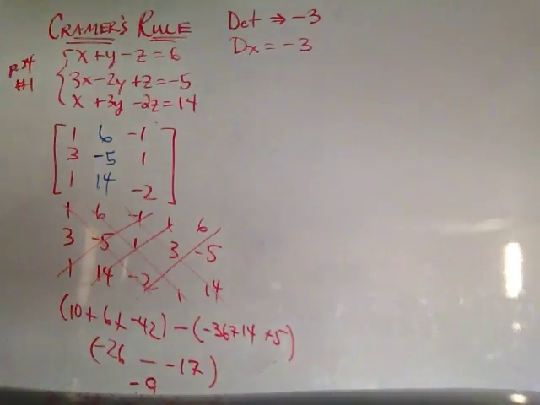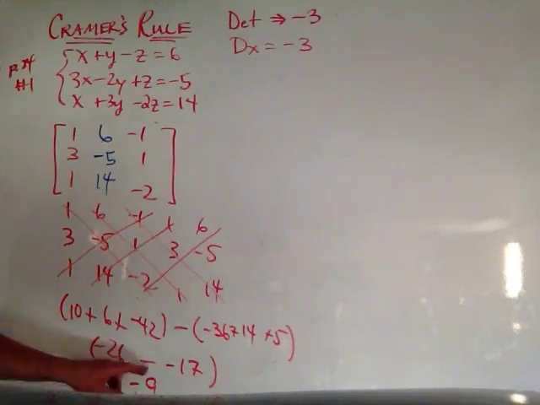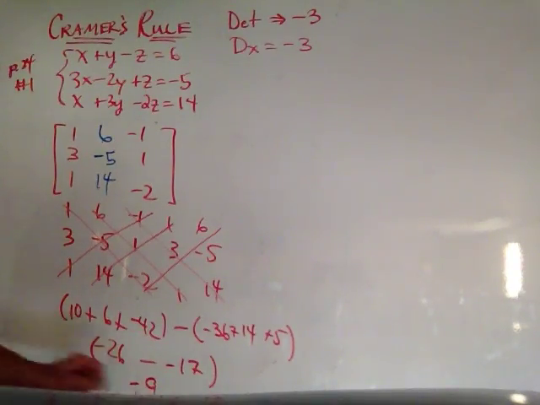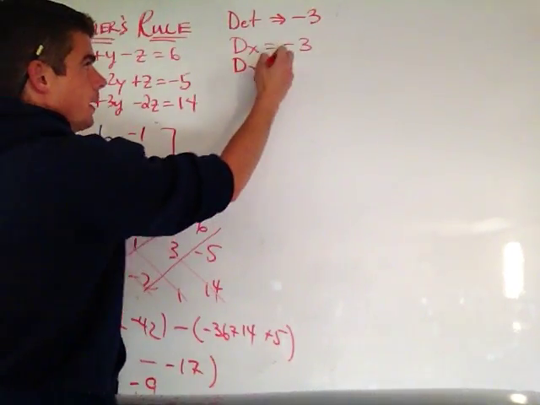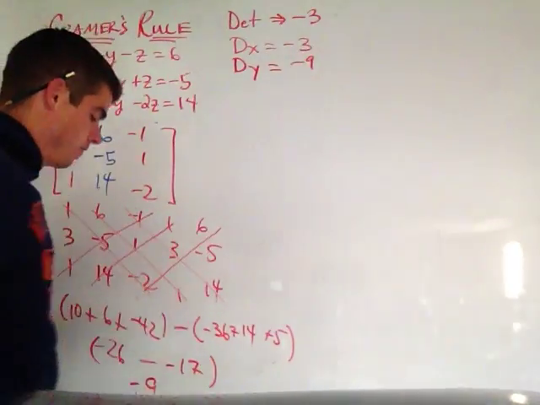Okay, so I got -9. Negative 26 minus a negative 17 should give you -9. So we're going to keep track: D sub y, the determinant with respect to y, is equal to -9.